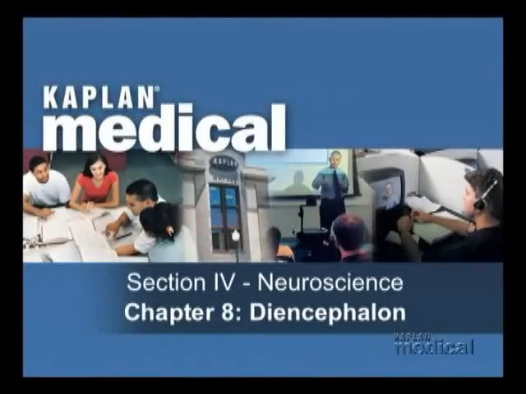Let's now focus our neuroscience review on functional and clinical aspects of the diencephalon. As we've alluded to in other areas of our neuroscience review, the diencephalon has neural components, neurons, that are functionally linked to many other of the sensory, motor, and visceral systems of the body. So first let's localize where the diencephalon is.